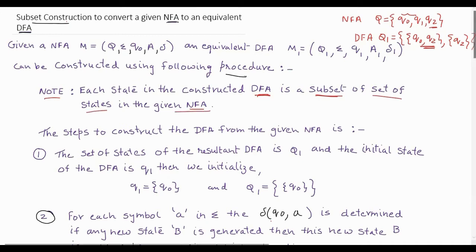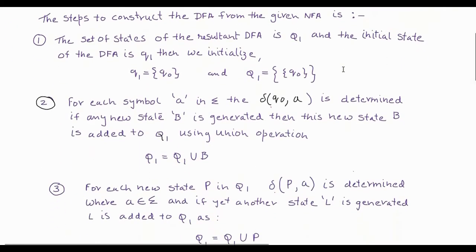Now there is a procedure for how to convert the given NFA. So let us see what the different steps are to construct a DFA. First thing, the set of states of the resultant DFA, capital Q1, and the initial state of the DFA, small q1, we initialize as {q0} and q0. What is q0? q0 is nothing but the initial state of the NFA.